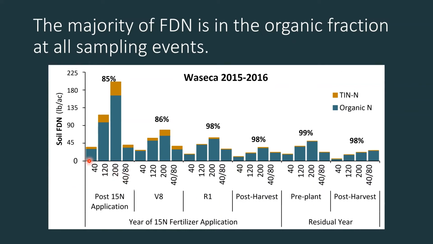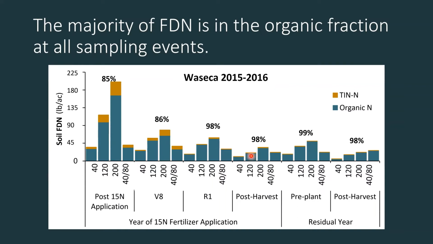And once again, the solid teal bars represent that organic nitrogen fraction, and the gold color represents the inorganic fraction. So as you can see, early on in the season, we have the majority of the fertilizer-derived nitrogen accounted for. But as we move forward in time, less and less of that nitrogen is accounted for.